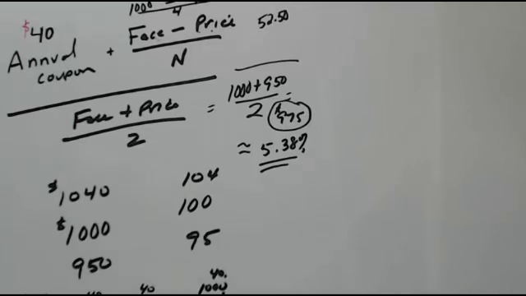And what exactly is a yield to maturity? The yield to maturity is sometimes referred to as the promised yield of a bond. It's the interest rate that sets the present value of future cash flows equal to the price of the bond.